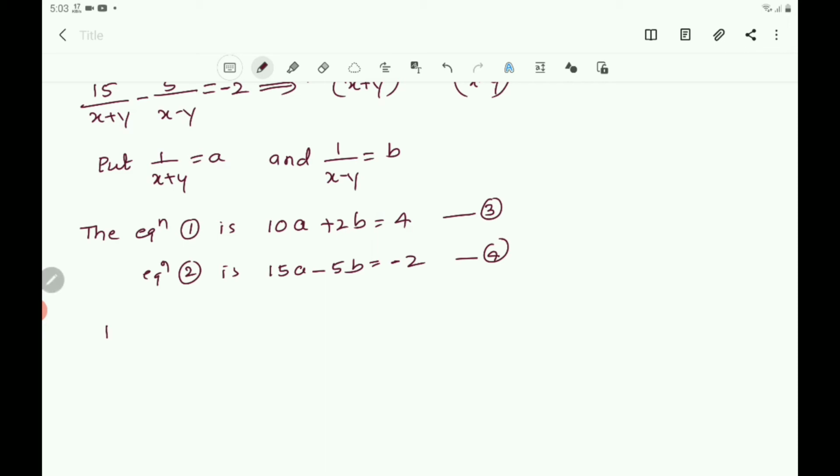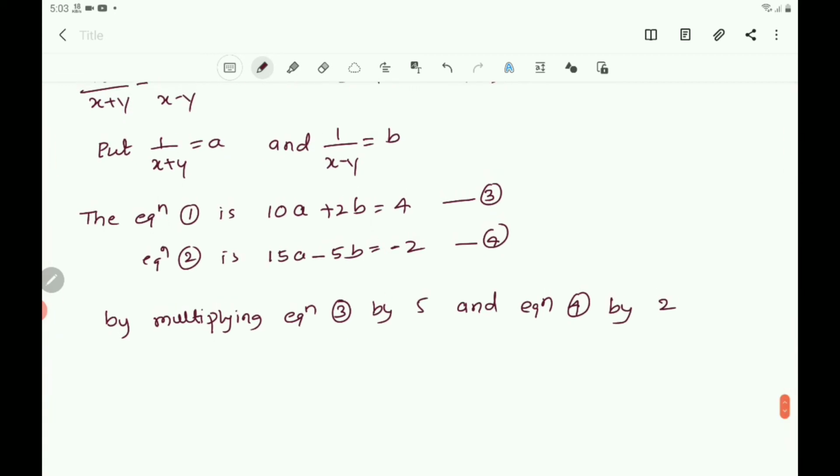Therefore, by multiplying equation 3 by 5 and equation 4 by 2.